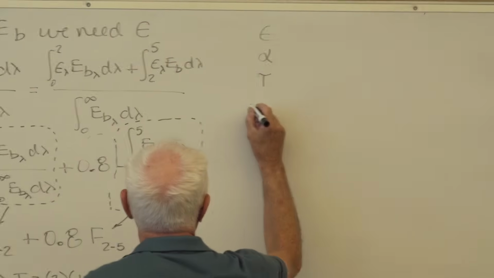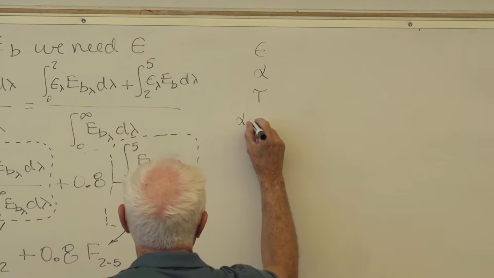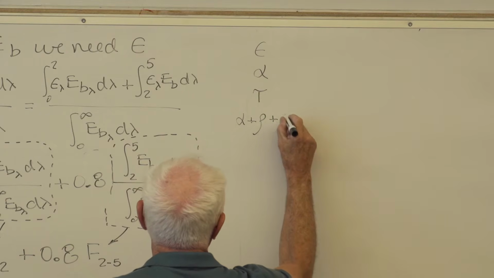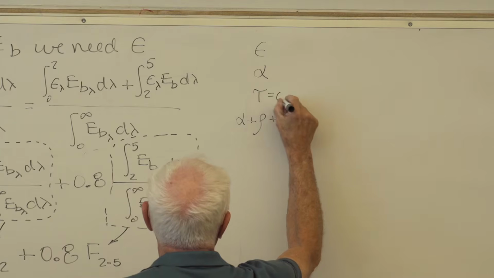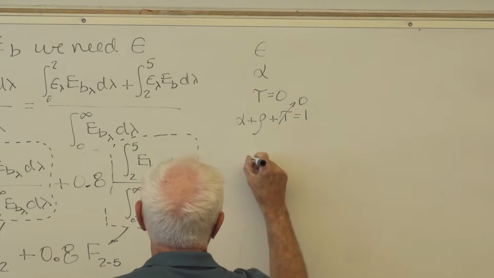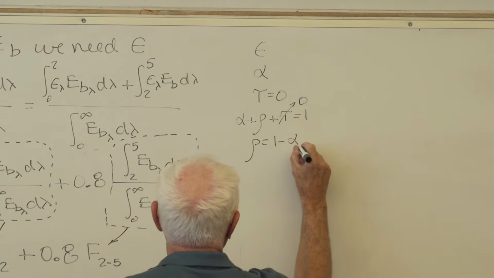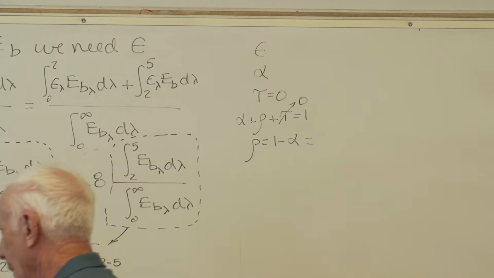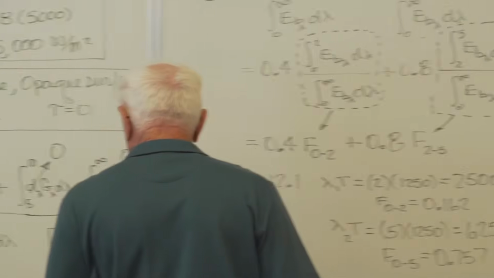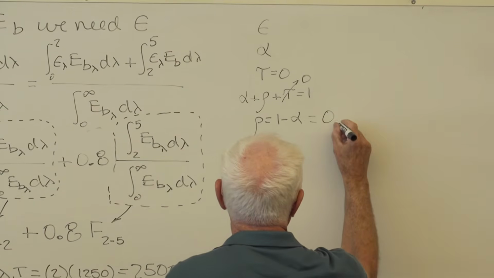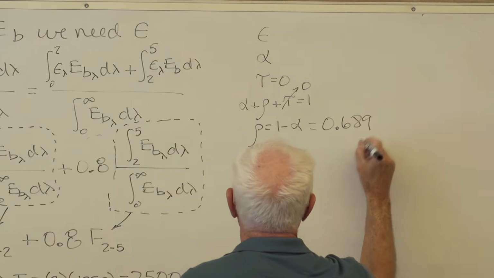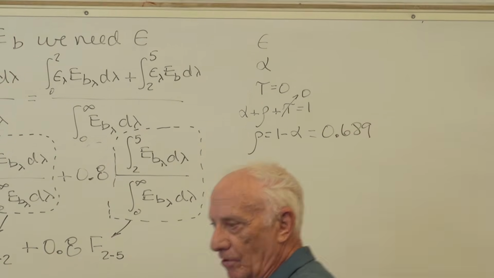We know alpha plus rho plus tau equals 1. Tau equals 0. That means rho is equal to 1 minus alpha. 1 minus 0.311 is 0.689. Got it. I have all four properties now.